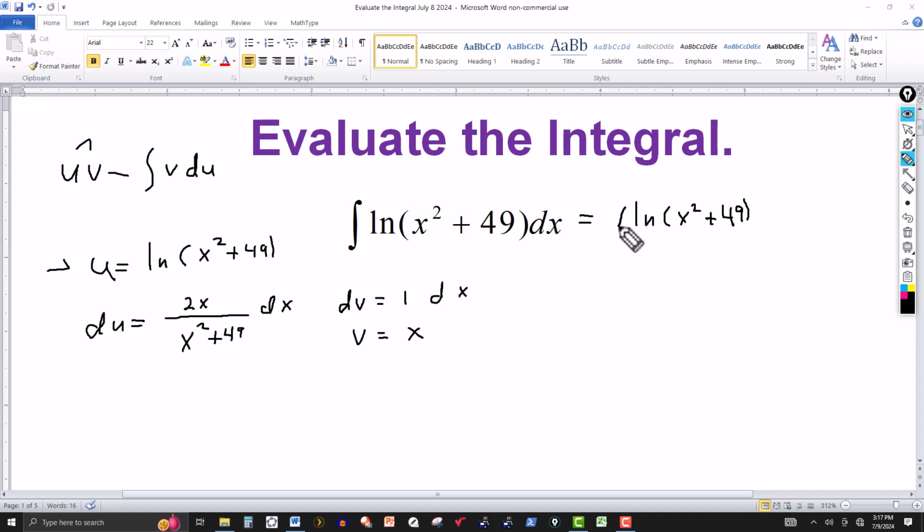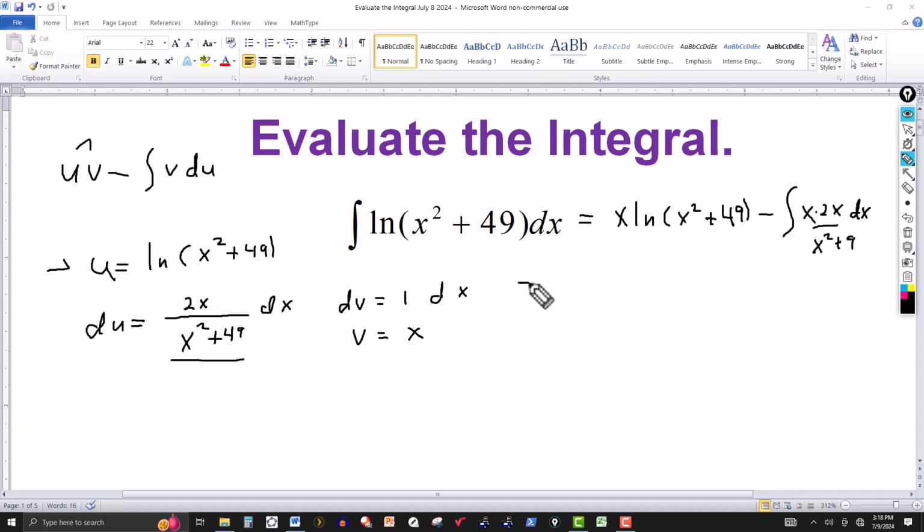And then it's minus the integral of v du. Well, v is just x. So this will just be an x here. And then du is right here, so this will be times the 2x over x squared plus 49, and then a dx here.